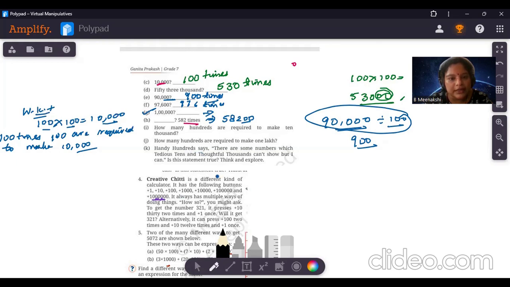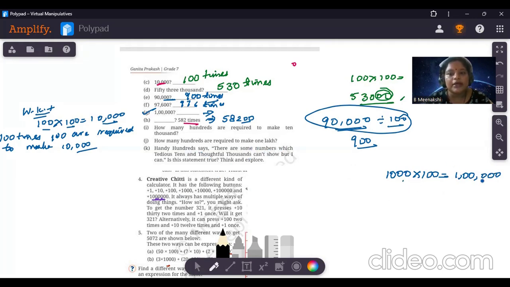Now let us see one more question. How many hundreds are required to make 1 lakh? I repeat the question. How many hundreds are required to make 1 lakh? So we know 1000 into 100 will give you 1 lakh. 1 lakh is nothing but 1 followed by 5 zeros.